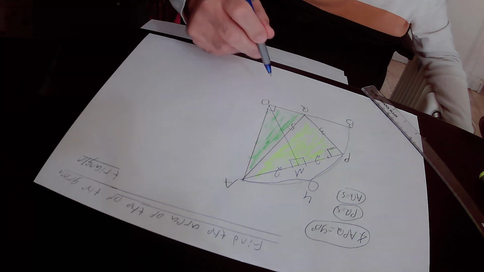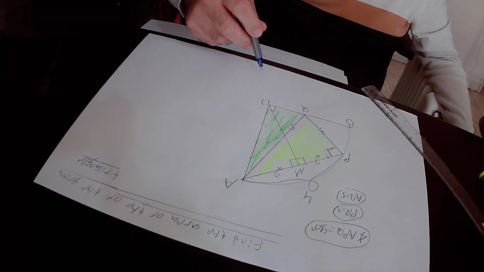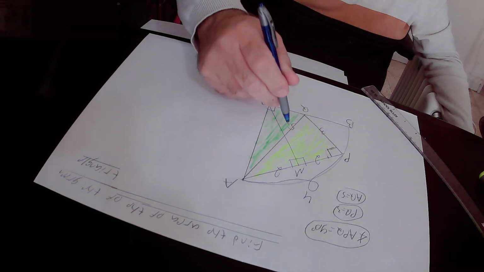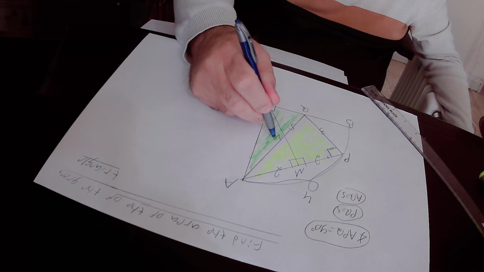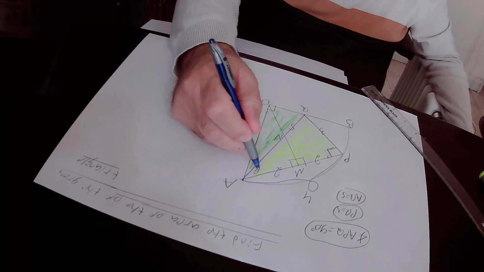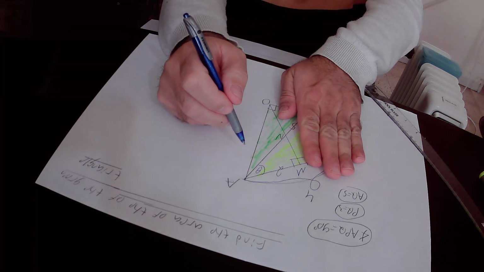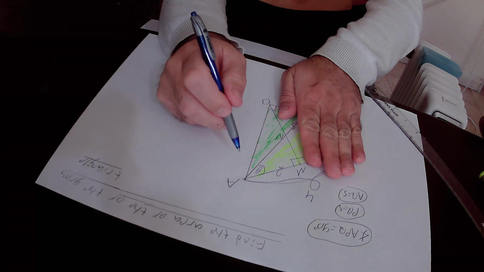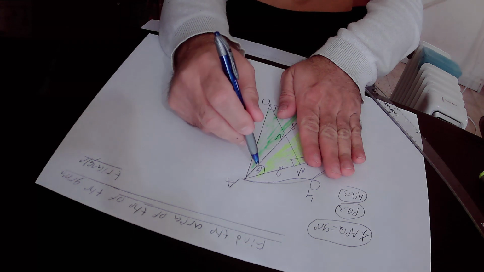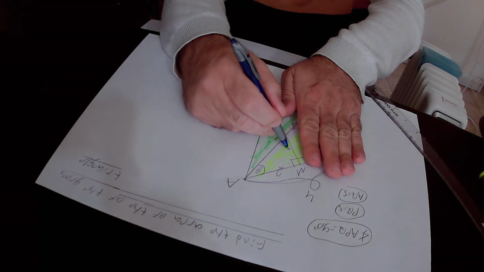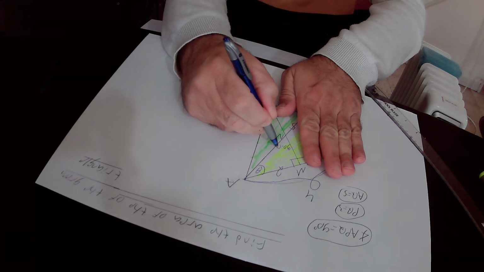In the next step, we define the intersection point between perpendicular OM and segment QA as N. We'll define this angle as theta, and if we focus on this right yellow triangle AMN, this angle equals theta. This angle equals 90 degrees, therefore the missing angle must be equal to 90 degrees minus theta.